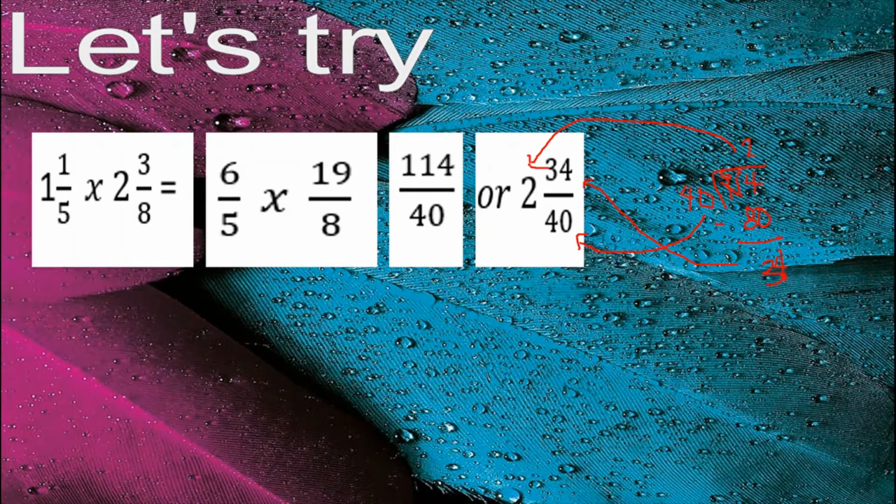So that's why the answer for this one is 2 and 34 over 40. Now the next question is, will this be our final answer? Now try to look at the fraction part.